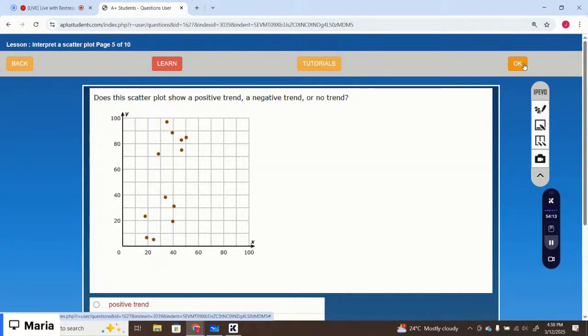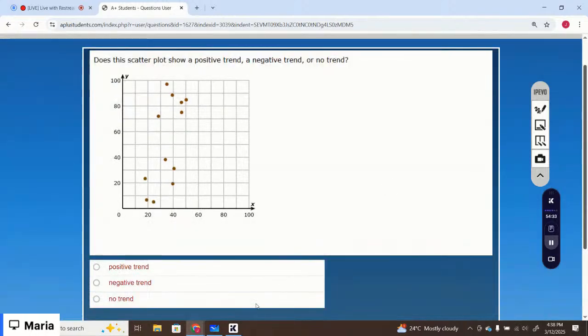Does the scatter plot show a positive trend, a negative trend, or no trend? No trend it is.